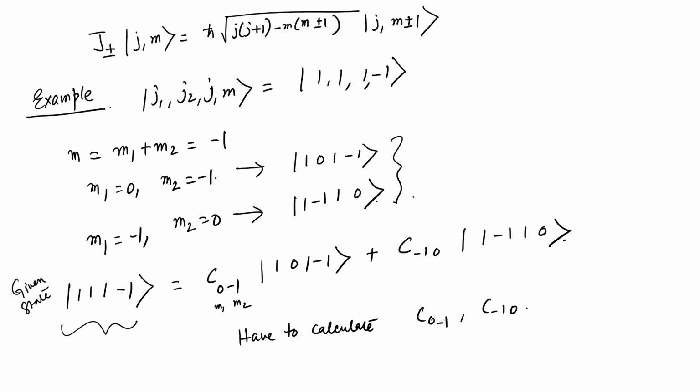Now, you see that for this particular problem, when you have j equal to 1 and m equal to minus 1, we are already at the minimal state. So, you put a j minus, that will become equal to 0, because for a given value of j, which is 1, the total m value cannot be anything lower than minus 1. So, that is what the idea is, and then you operate it on this state with j equal to 1, m equal to minus 1, and that is equal to 0.